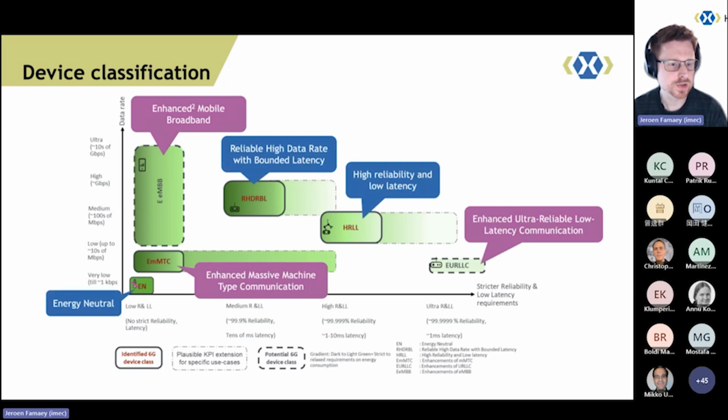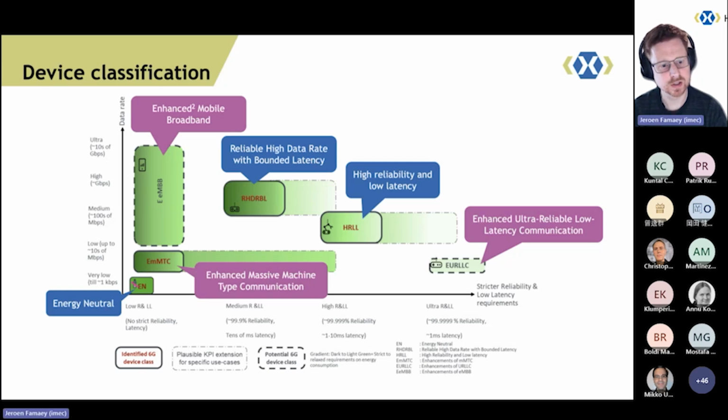So that means enhancement of enhanced mobile broadband, enhanced massive machine type communication. And we also looked into enhancement of ultra reliable low latency communication, but no use cases could be identified at the moment that required an enhancement of the existing requirements of URLLC.